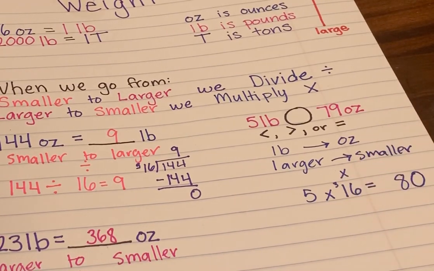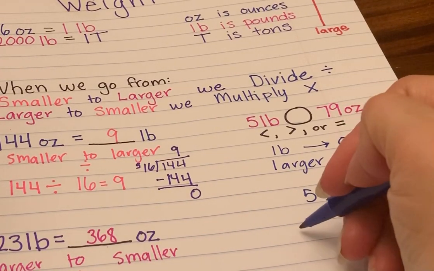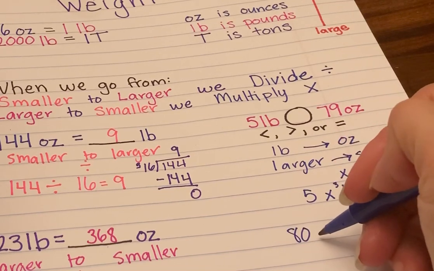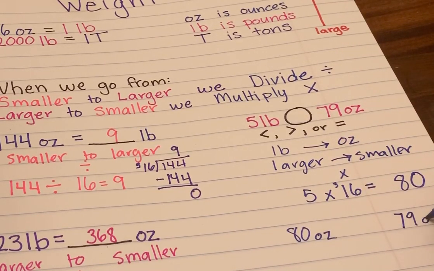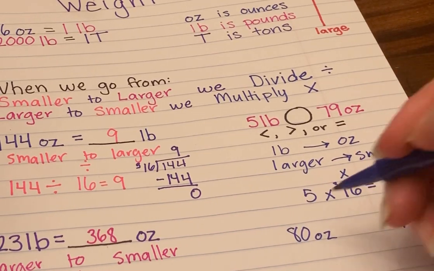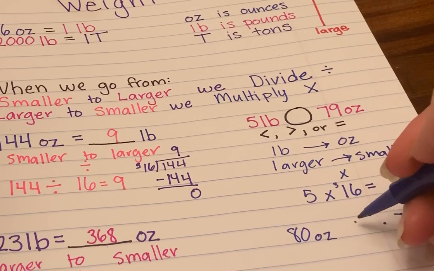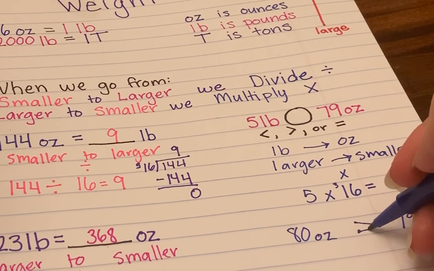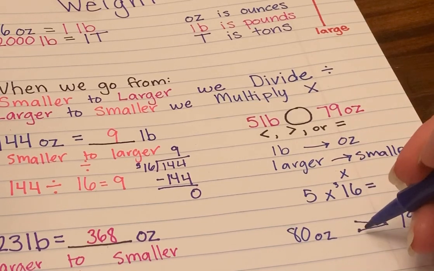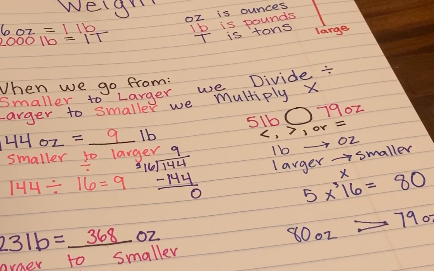I have 80 ounces compared to 79 ounces. 79 is smaller. It only gets 1 dot. My 80 is larger, so it gets 2 dots, and then I connect the dots. 80 is going to be greater than 79.